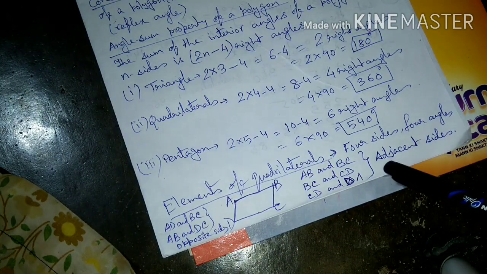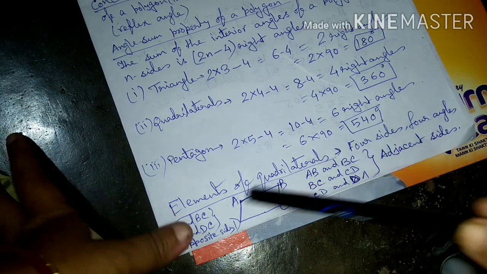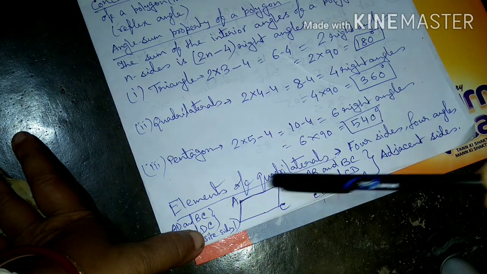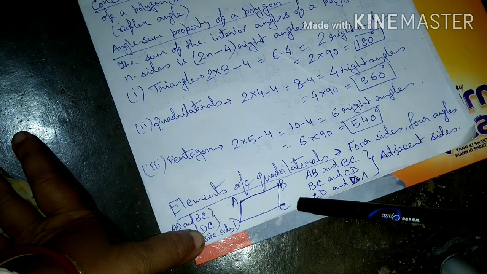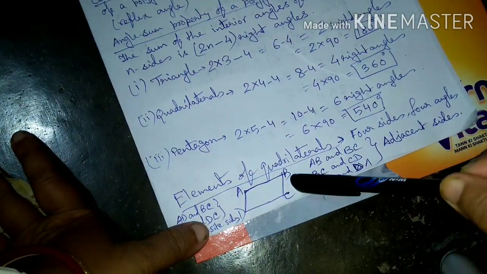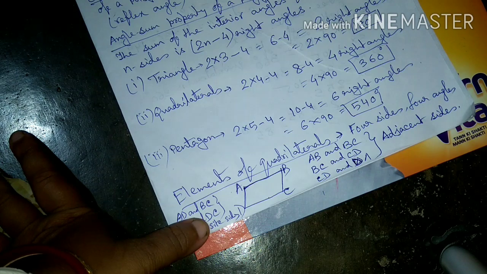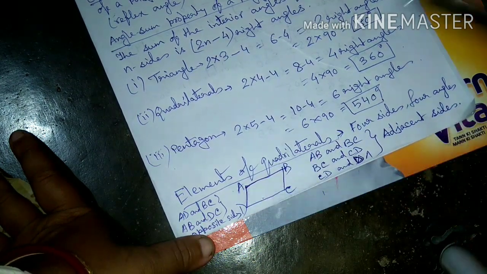Now what is called adjacent side? Adjacent means side by side. Which are the adjacent? You see AB, BC. These two are side by side. Yes or no? Similarly BC and CD are side by side. Similarly CD and AD are side by side. So they are called the adjacent sides.